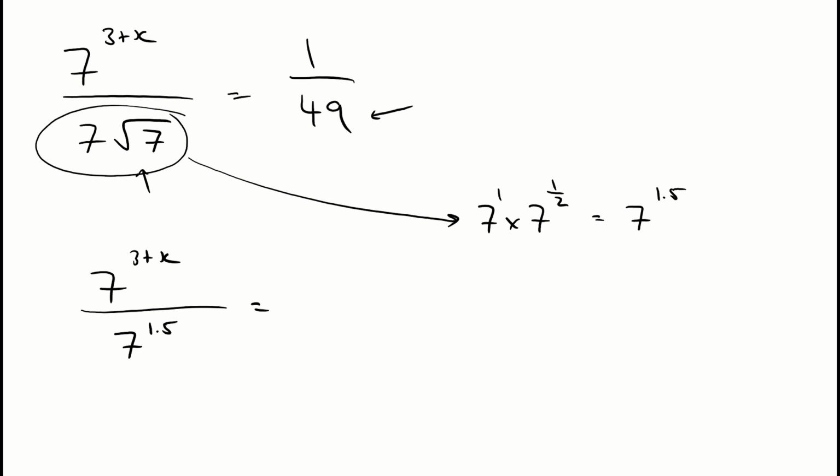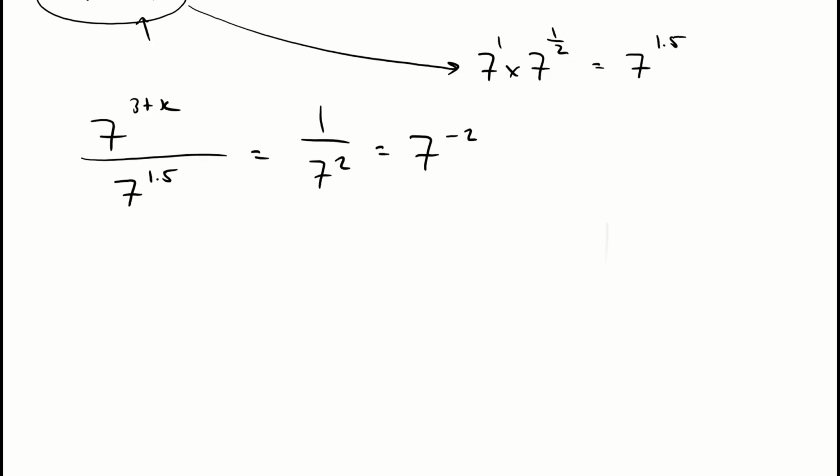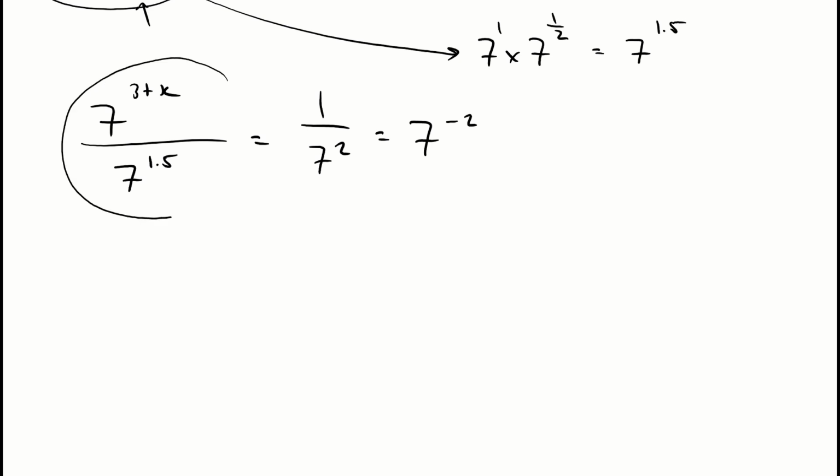And I can rewrite 1 over 49 as 1 over 7 squared, which can also be written as 7 to the negative 2, to get that common base of 7. Now, using my division rule of indices, I need to subtract. So I'm going to do 7 to the power of 3 plus x minus 1.5, and that needs to be equal to 7 to the negative 2.